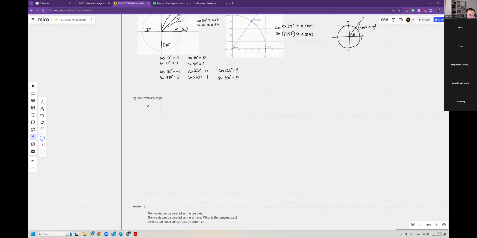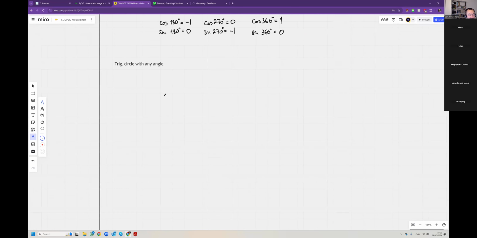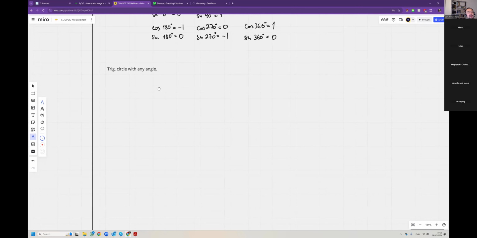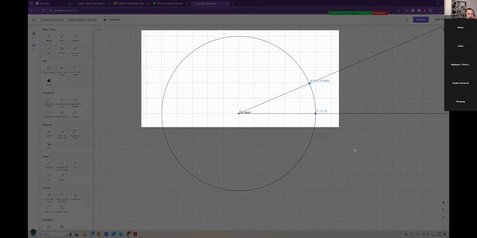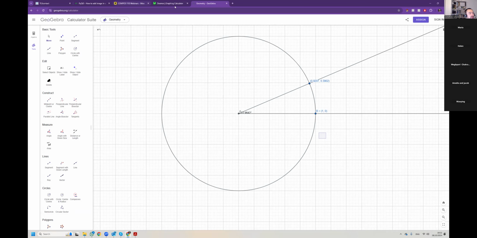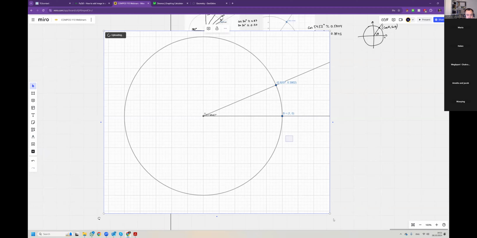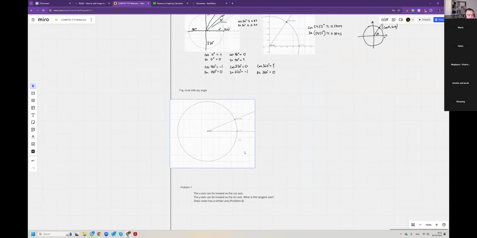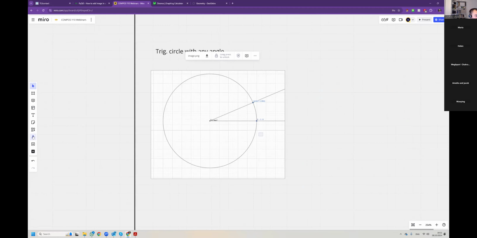Okay, trig circle with any angle. So yes, you can find. Now, we call these quadrants. The 4 quarters of the circle are called quadrants.